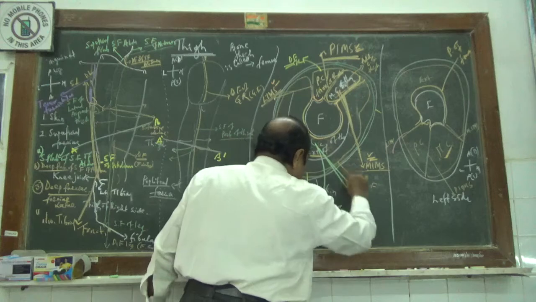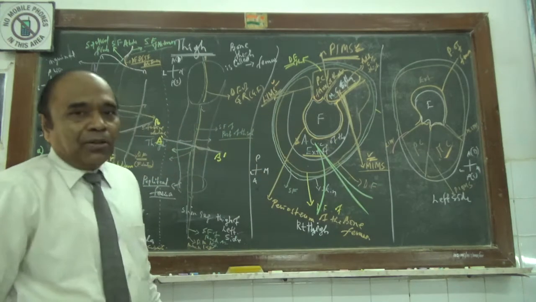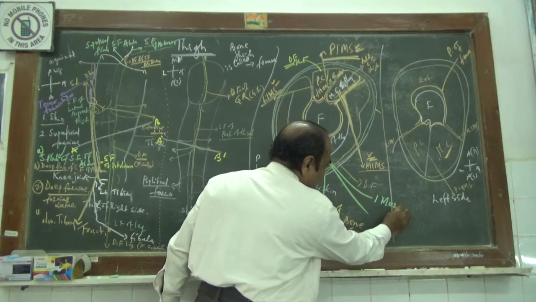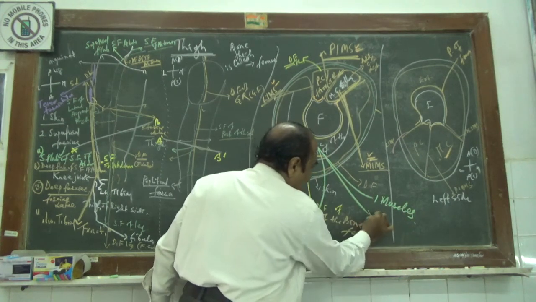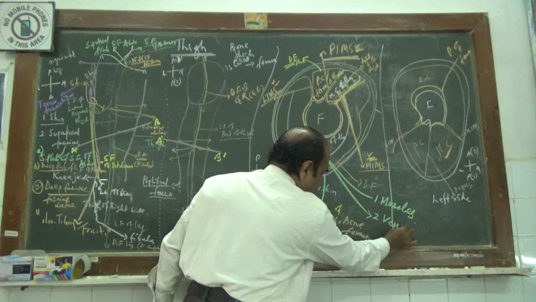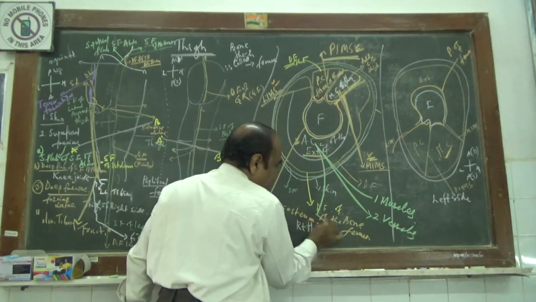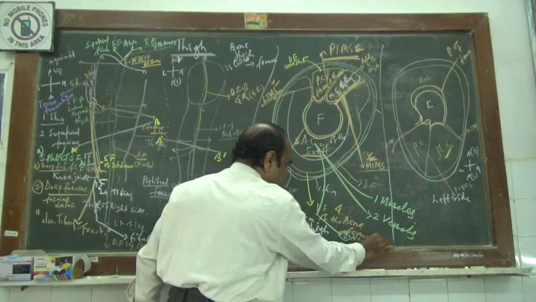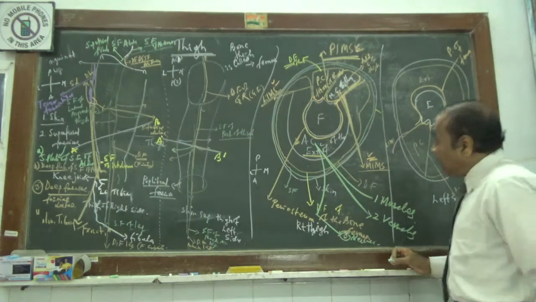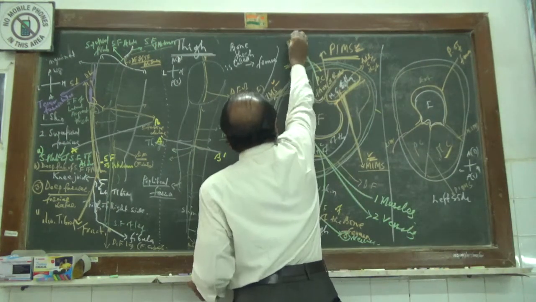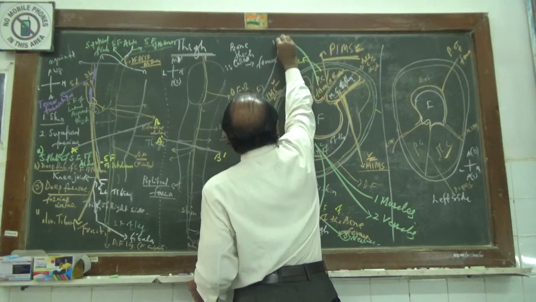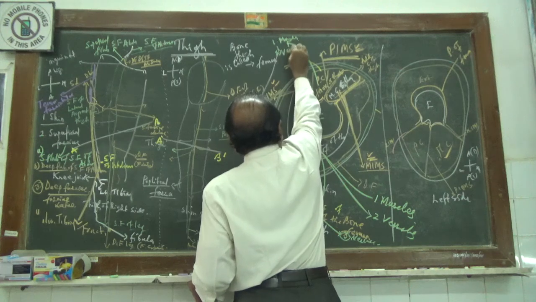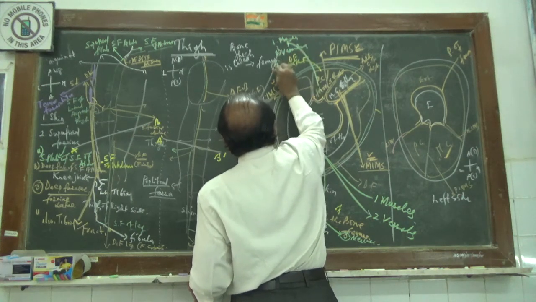Now once you have understood this, in the anterior compartment, what are the things there? In the anterior compartment you have the muscles, the vessels, and the nerves. Likewise, in the posterior compartment you have the muscles, the vessels, and third the nerves.